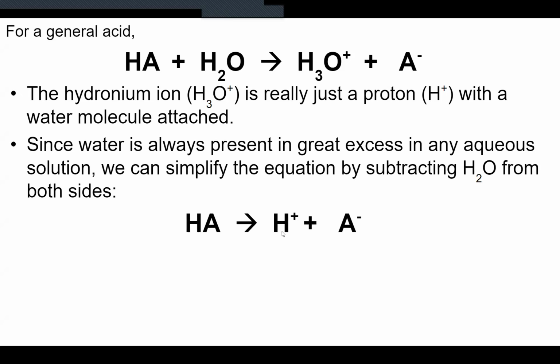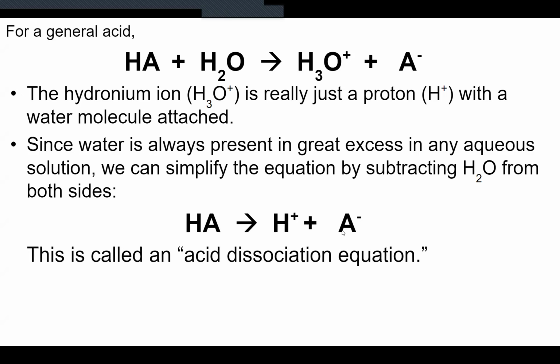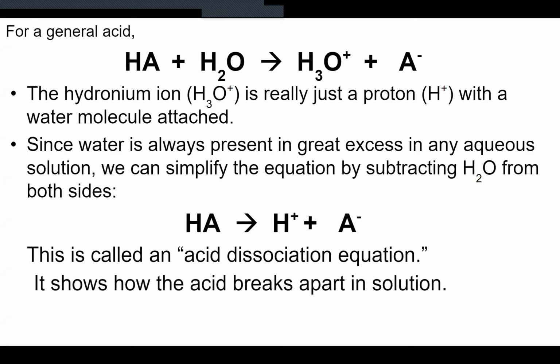HA yields H plus and A minus. We call this a simplified acid dissociation equation. And the reason it's useful is it shows how the acid breaks apart in solution. Let's try practicing writing acid dissociation equations.